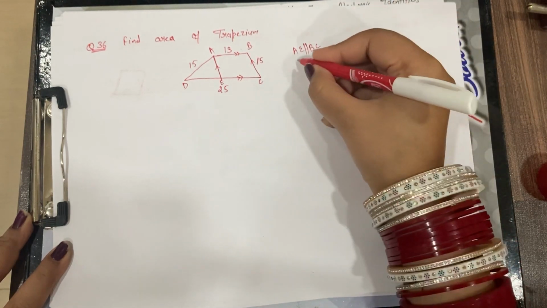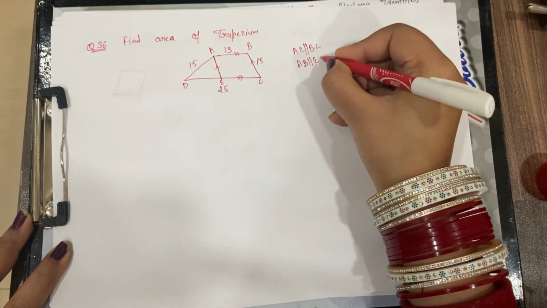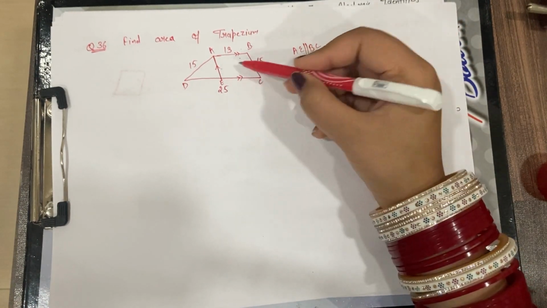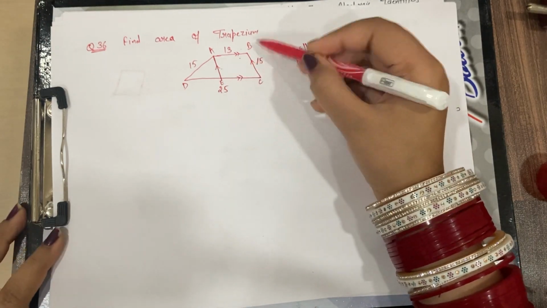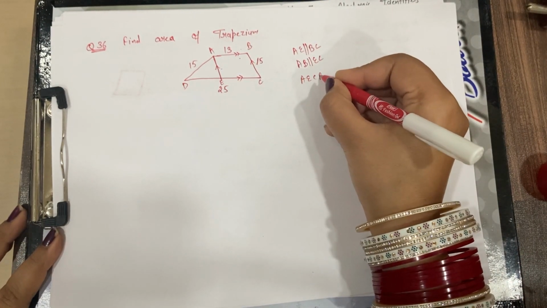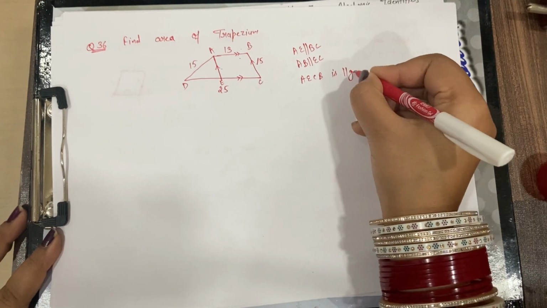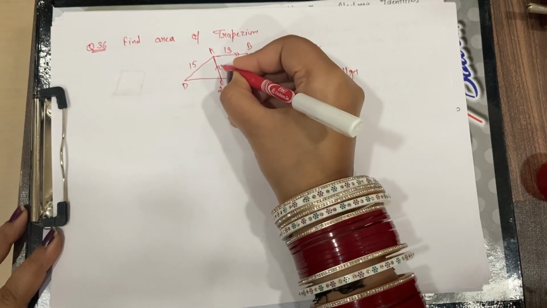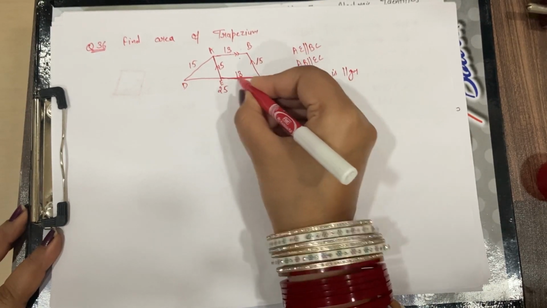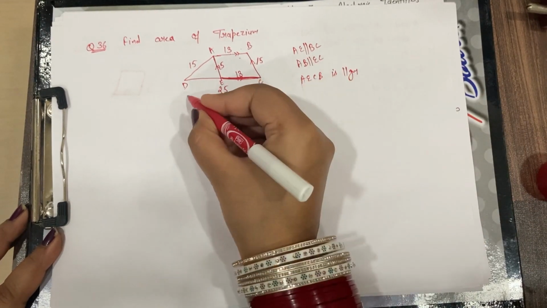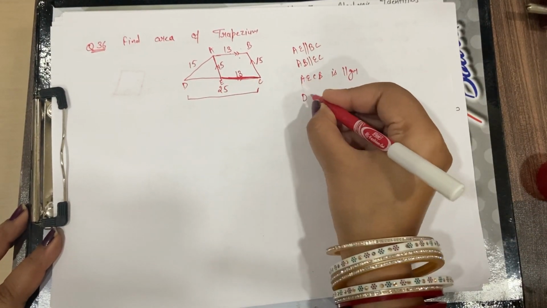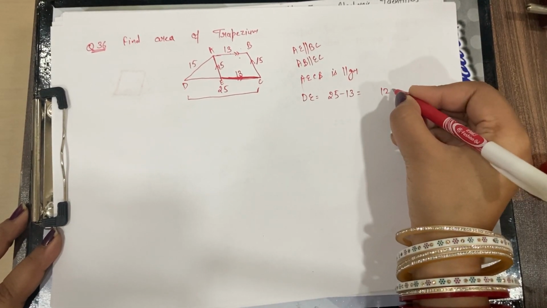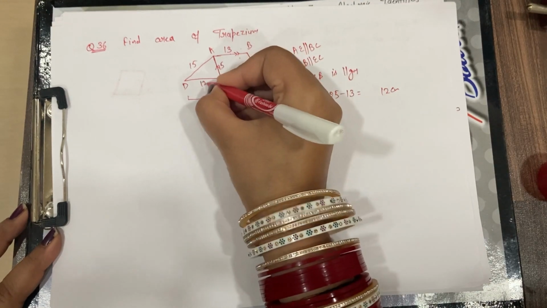AB was already parallel to EC, because opposite sides of a trapezium, one pair, are parallel, and one we made parallel. So AECB is a parallelogram. In a parallelogram, opposite sides are equal. So if this is 13, this is 13, this is 15, this is 15. 13 is the measurement of EC. Total is 25. So DE can be 25 minus 13, that is 12 centimeters. So we have DE as 12 centimeters.